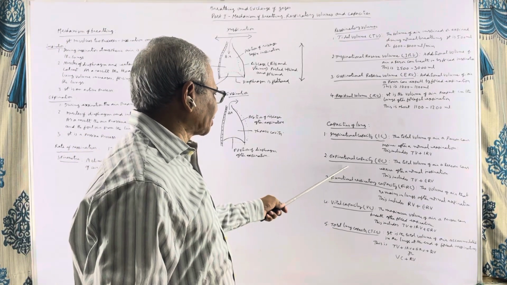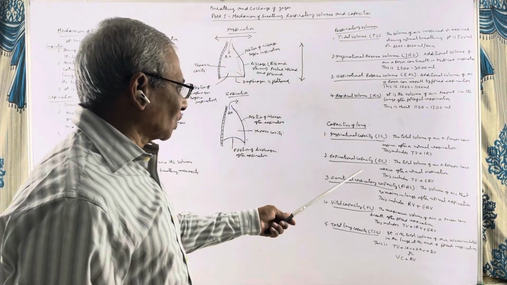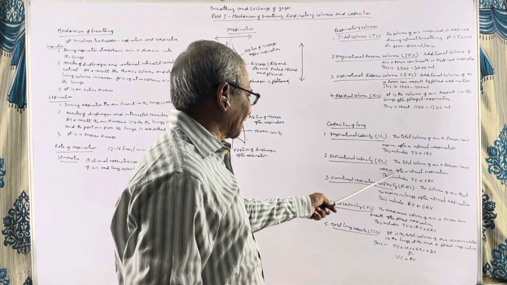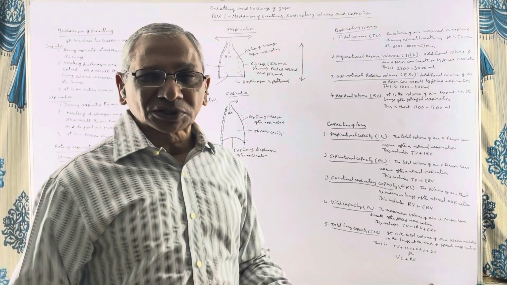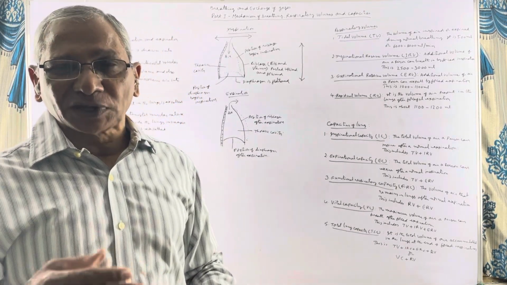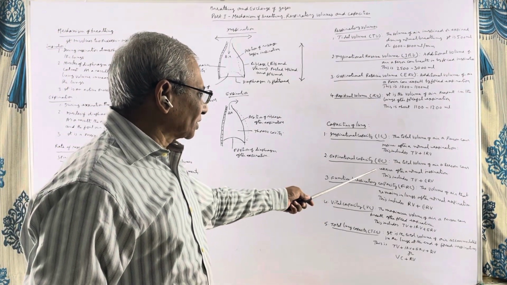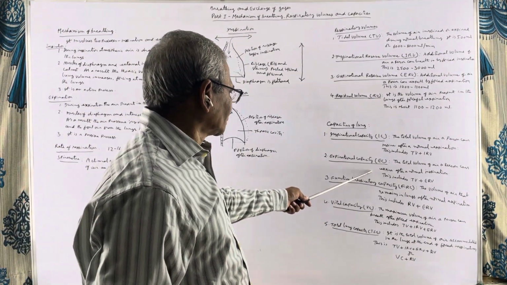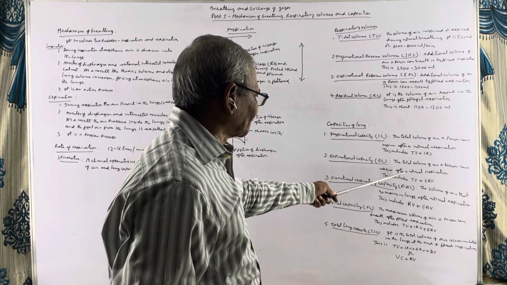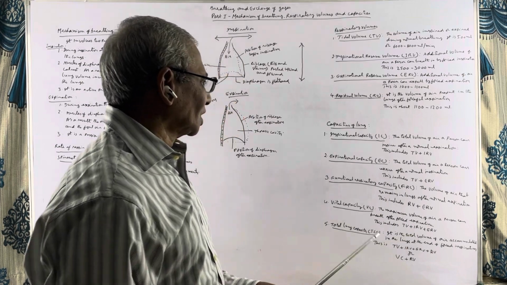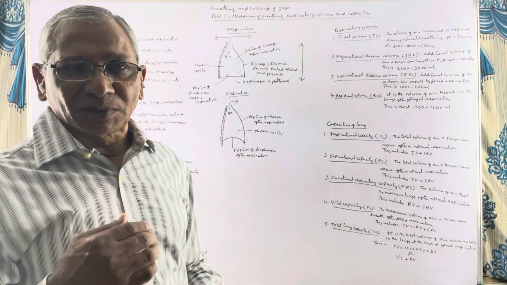Then, expirational capacity, EC. The total volume of air a person can expire after normal inspiration. So here, how much air can we expel forcefully? During normal inspiration, how much air do we take in? 500 ml.